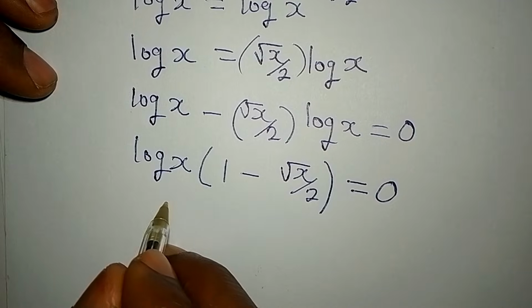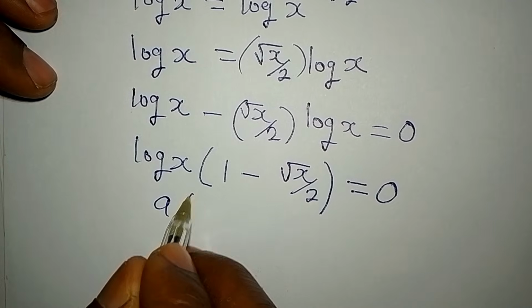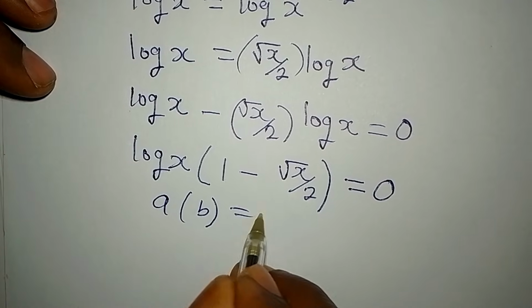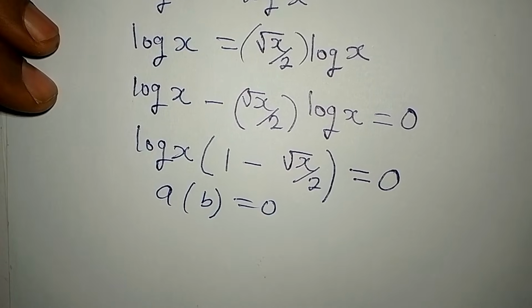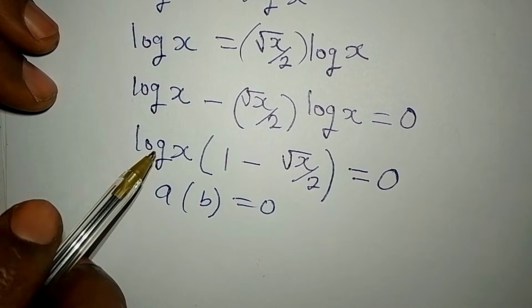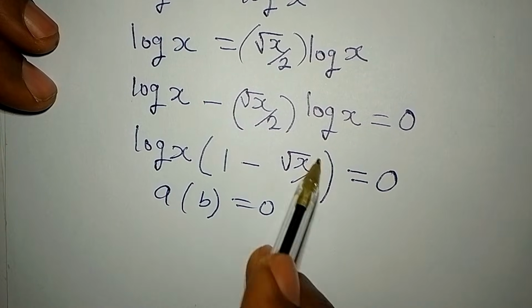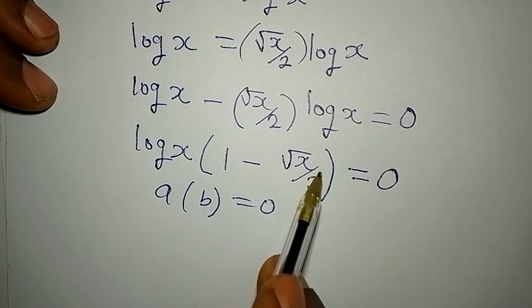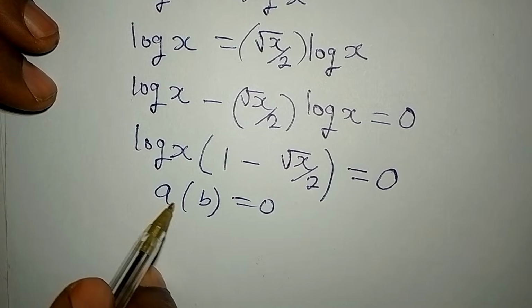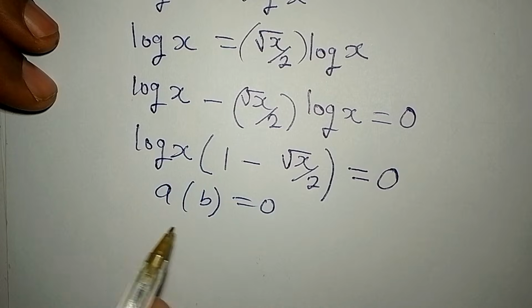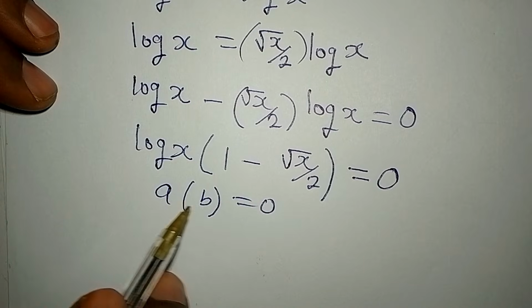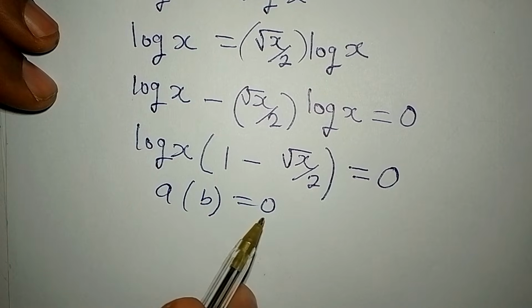Just like we can say a into bracket b, right, is equal to 0. So we are saying that our a now is log x and our b is what we have in this bracket, 1 minus root x over 2. And because we are multiplying two terms to get 0, it is either a is equal to 0 or b is equal to 0.